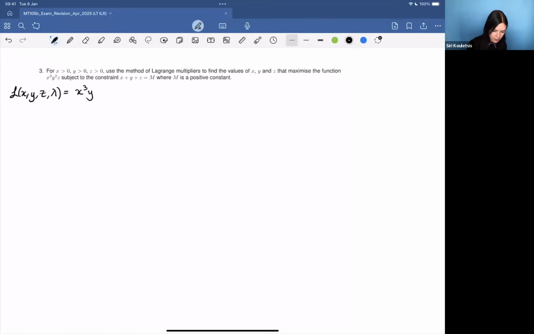And then we write down the expression for the function we are optimizing, whether that's maximizing or minimizing doesn't matter, but in this case, we are maximizing this expression. Then we write the constraint in the form x plus y plus z minus m equals 0. And we put minus lambda times x plus y plus z minus m here.